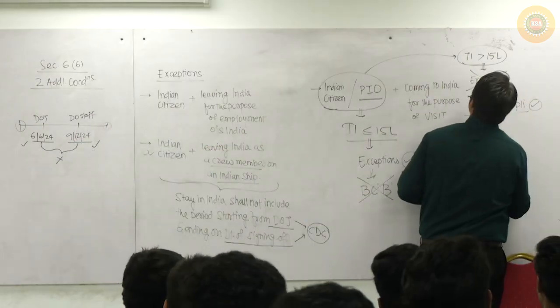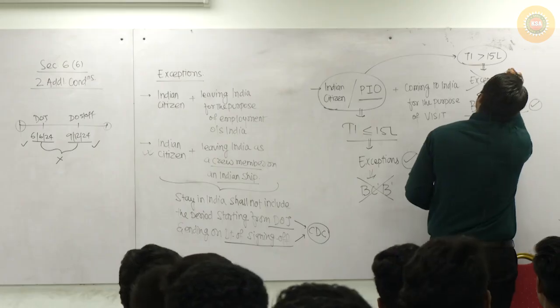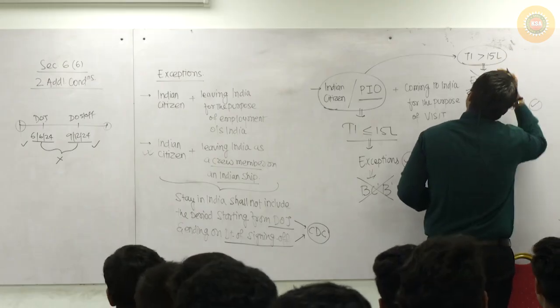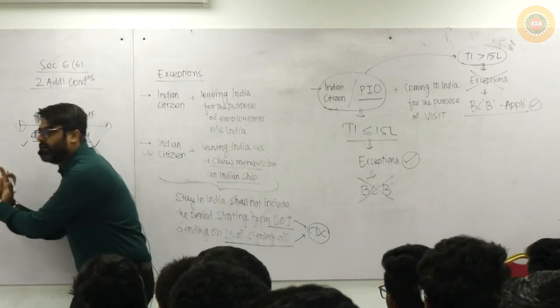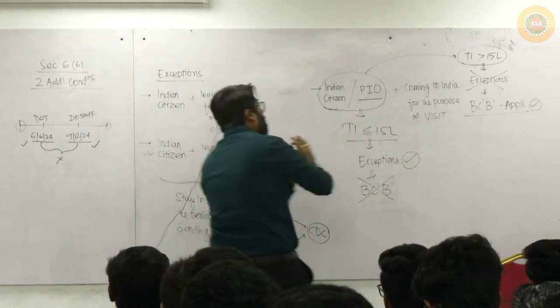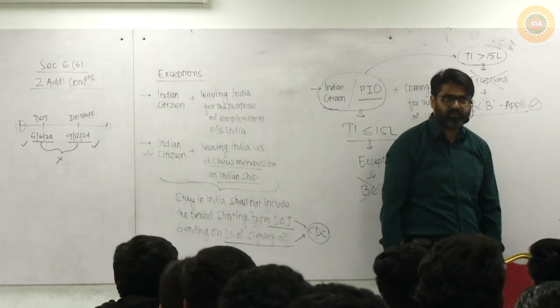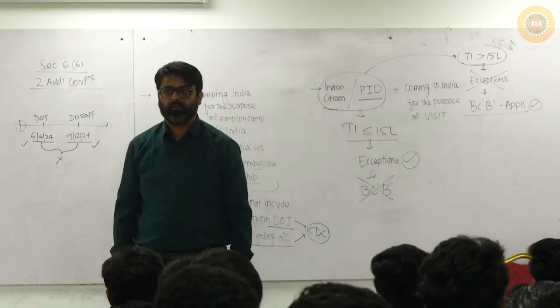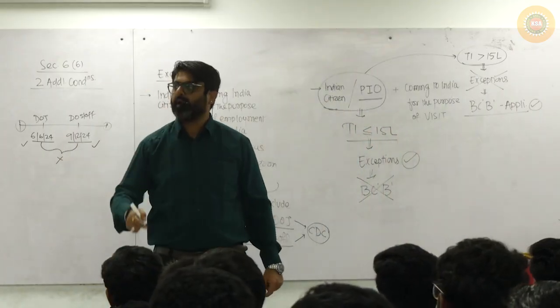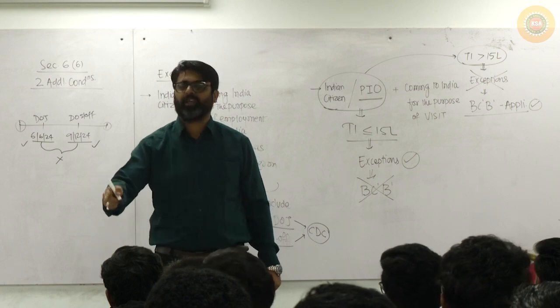Your total income, if it would have been less than or equal to 15 lakhs, we would have covered you under the exception and would not have checked basic condition B. But since your total income exceeds 15 lakhs, we are throwing you out of the exceptions. You are no more covered under the exceptions. You are a special case for us.